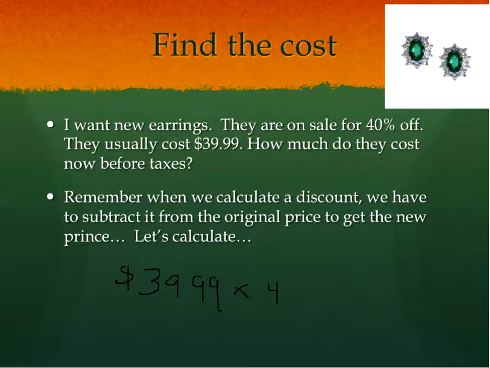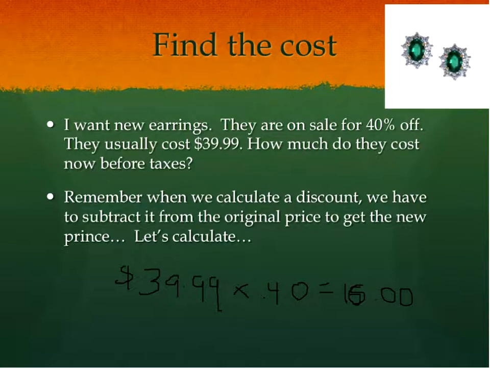So I'm going to multiply it times 0.40, which equals, I've got my calculator out, $15.99.6, so it's actually $16 even. I should have rounded. So it's $16.